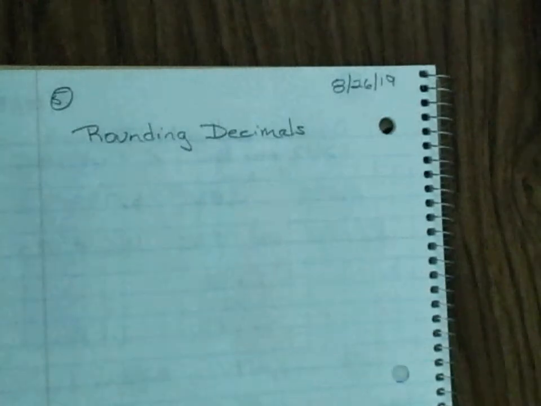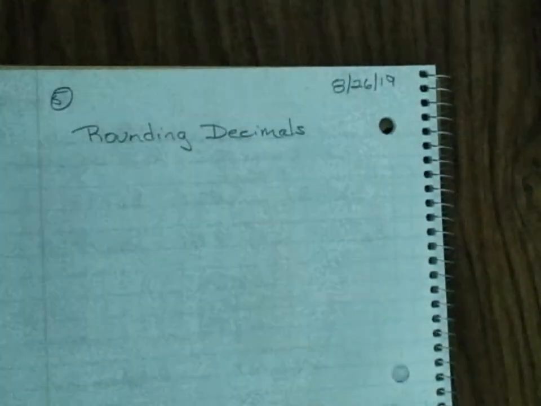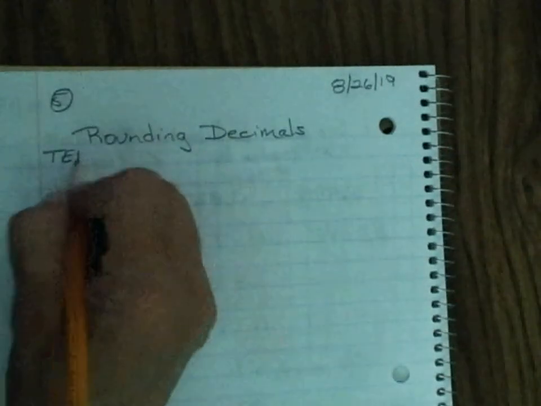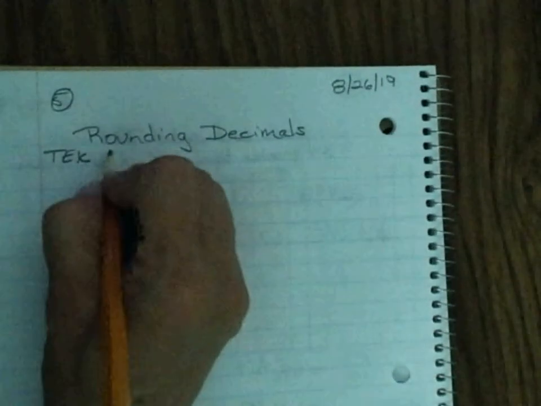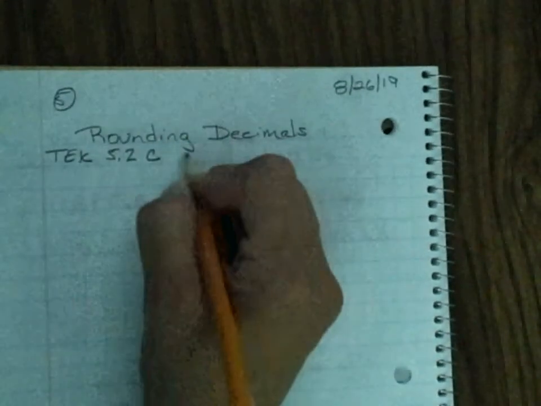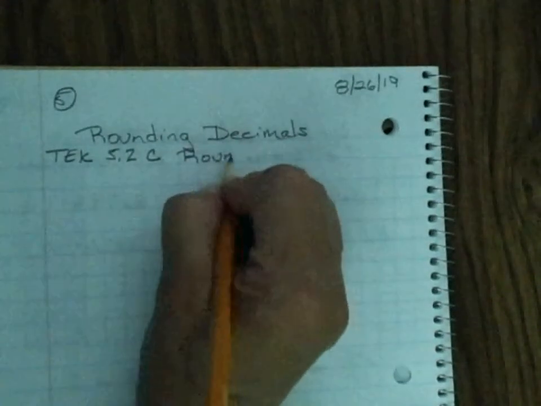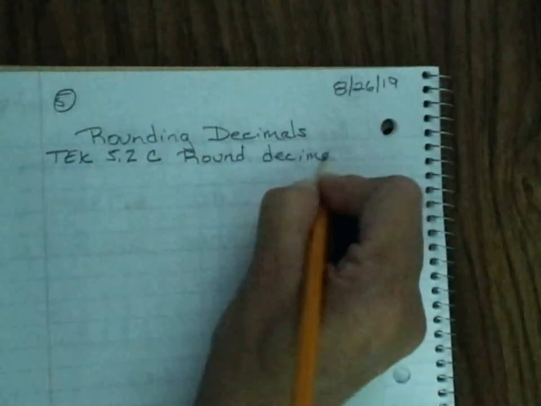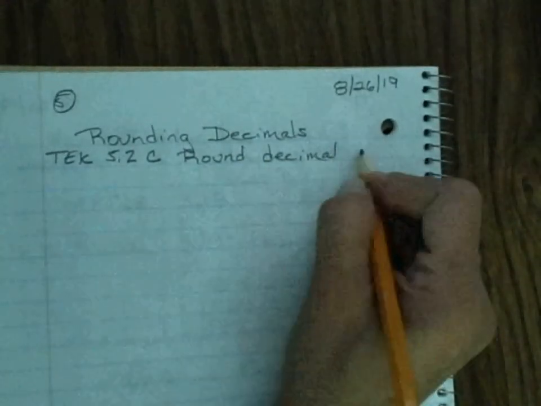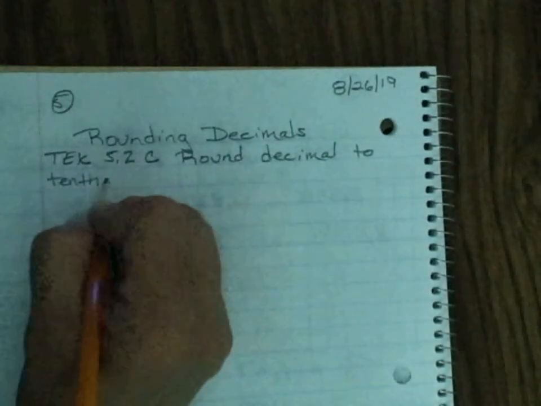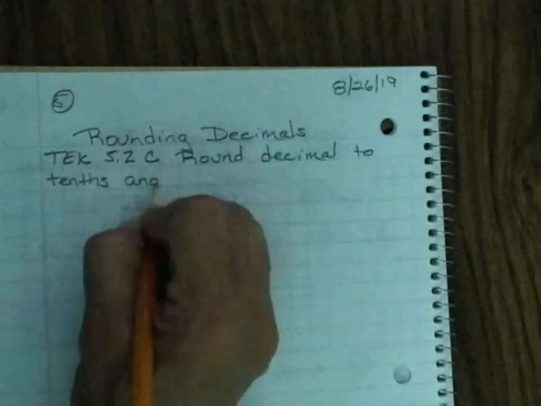Okay, so our TEK for this is 5.2c, round decimals to tenths and hundredths.